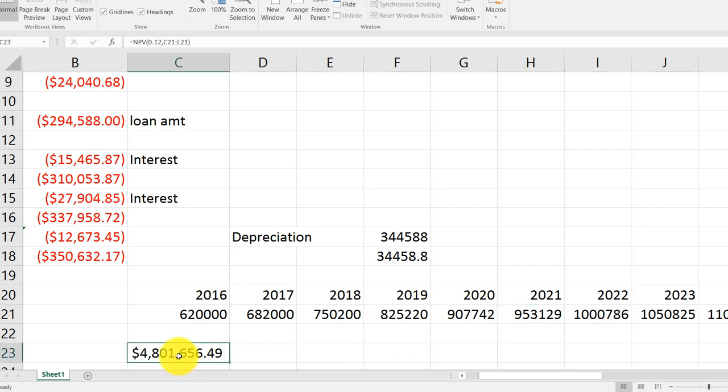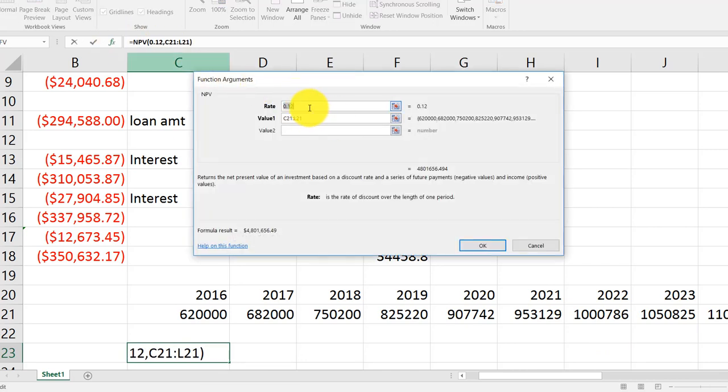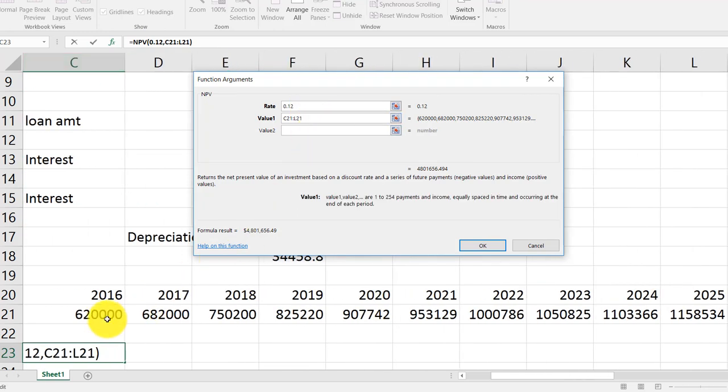And then you're going to do net present value utilizing the 12% as the rate, and the values are all of the cash flows. And this will give you the present value of each of these cash flows as of today.